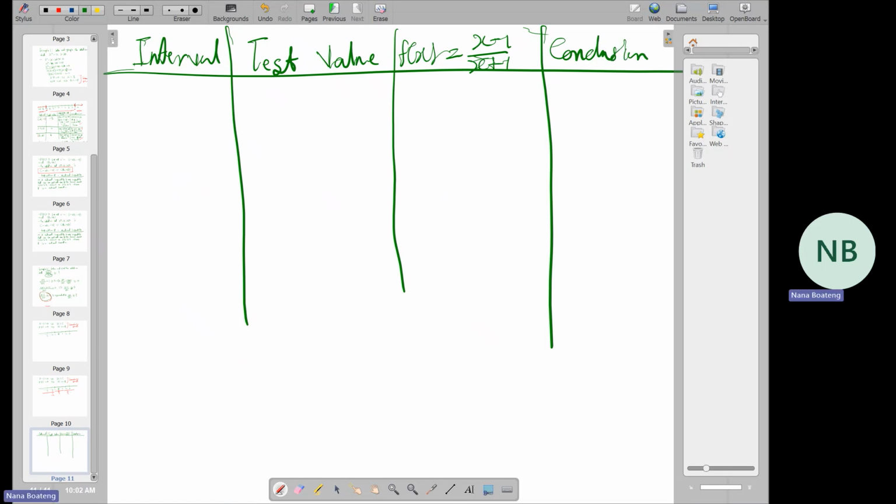Okay, so from -infinity to -1, our test point is -2.